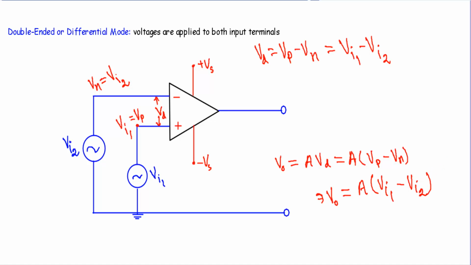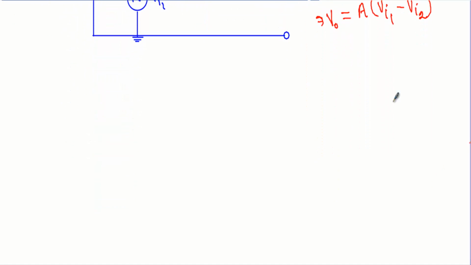Now let me draw the input and output waveforms when we are applying the input voltage at both of the input terminals. Let's say Vi1, the voltage at the non-inverting terminal, starts with its positive half cycle. From this point to this point, input Vi1 will be positive. From this point to this point, our input voltage Vi1 will be negative.